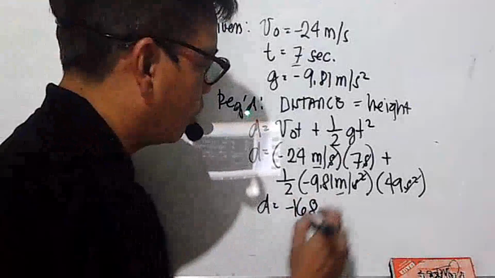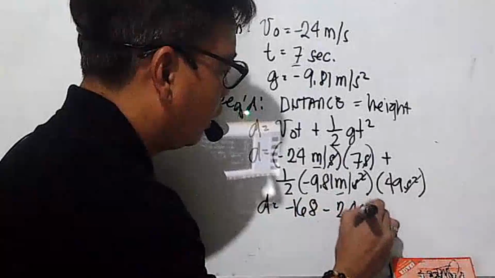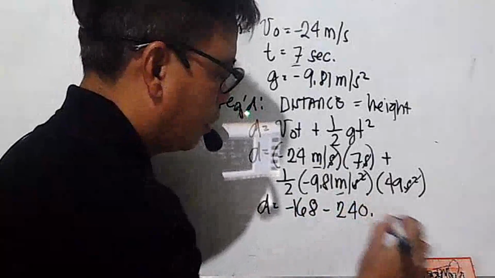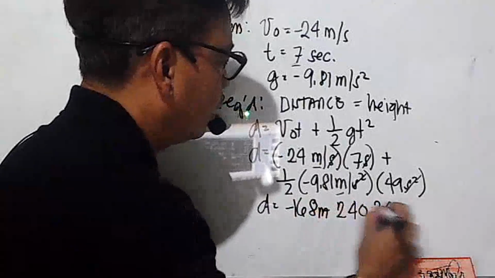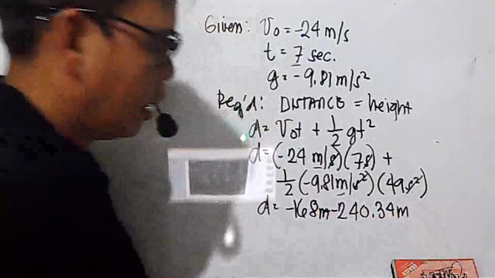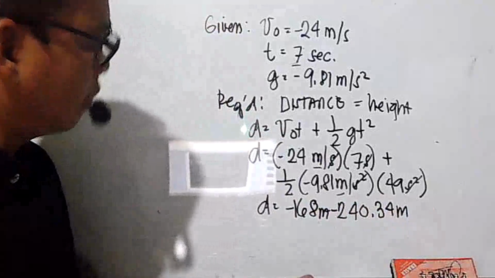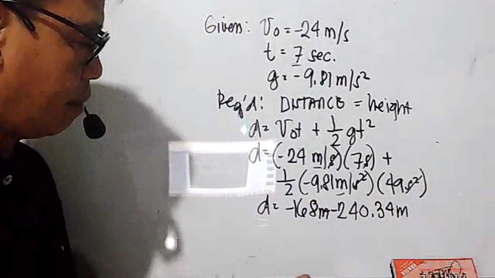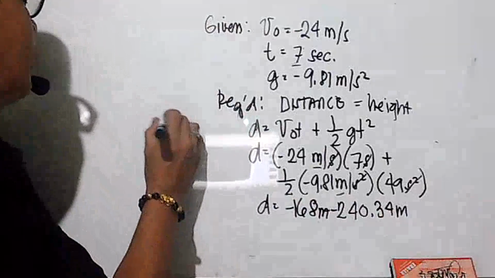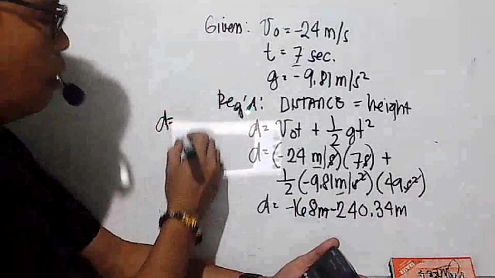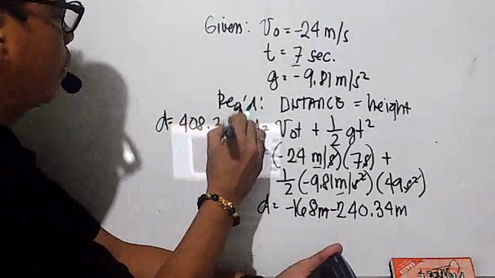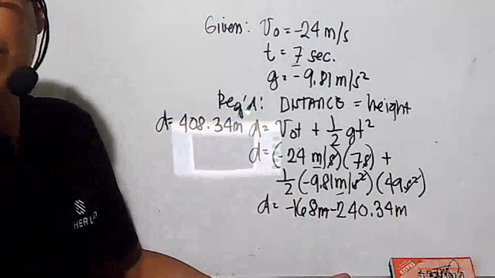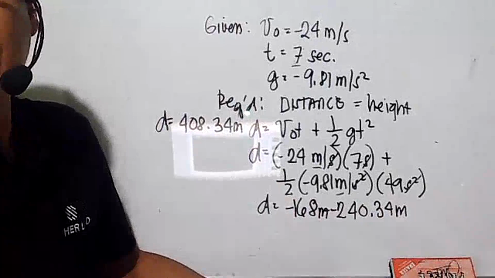So it is negative 240.34 meters. Minus 168, so your displacement is equal to negative 408.34 meters.